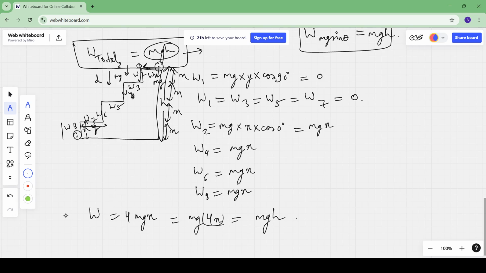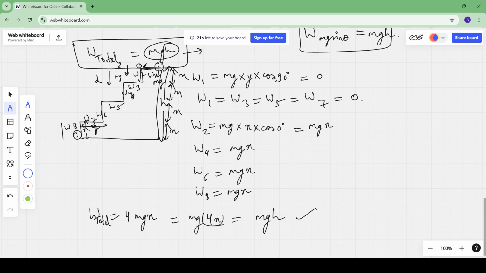So in that case also, this is the total work done. This is another example in which, keeping the initial and final position the same, if you take another path, the work done by mg is still calculated as mgh.